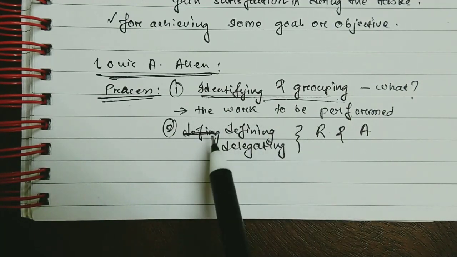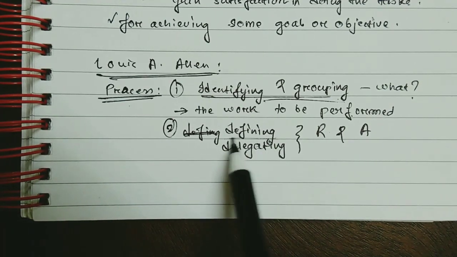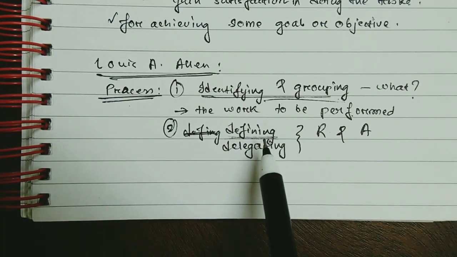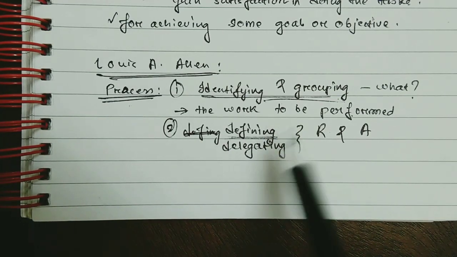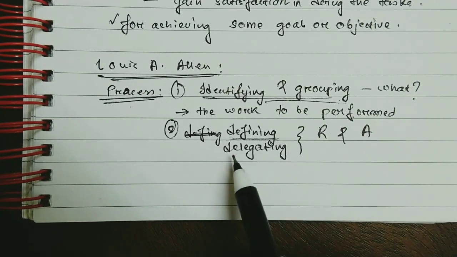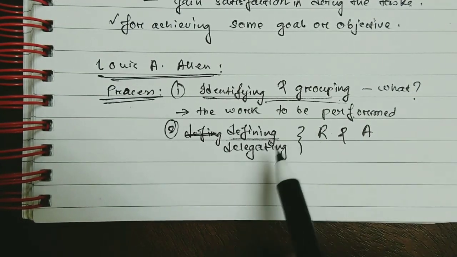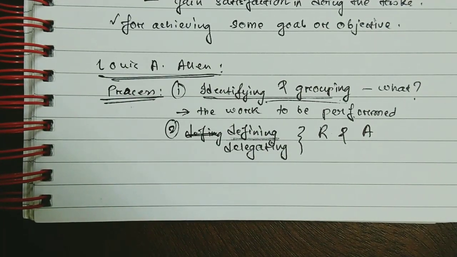Secondly, assign people, and then define who is going to work for which purpose, বা কোন কাজটাতে কে ইনভলভ থাকবে, and then delegate them some authority and responsibility so that they can carry out the given work.